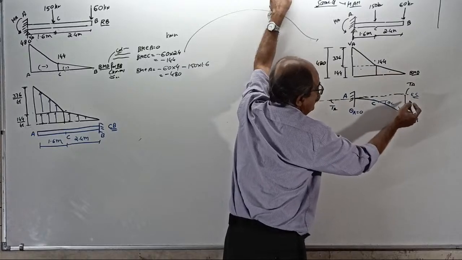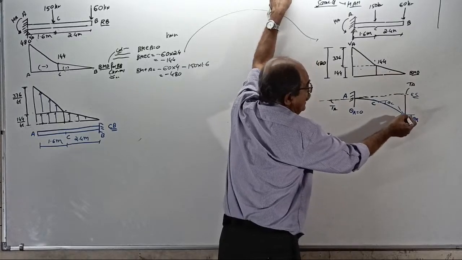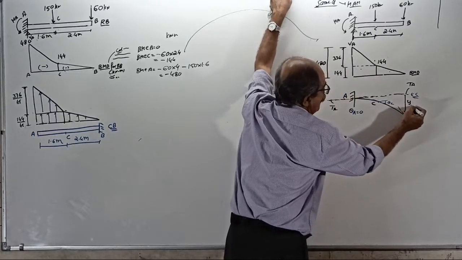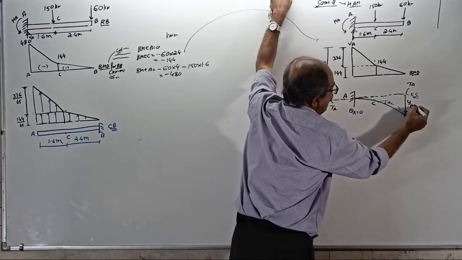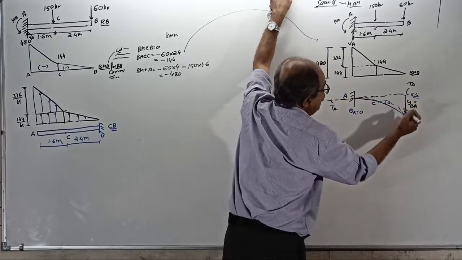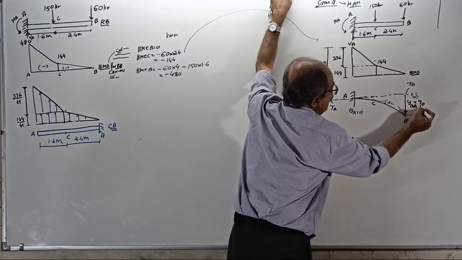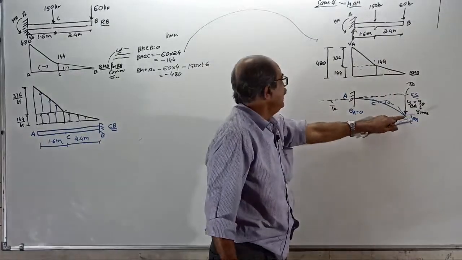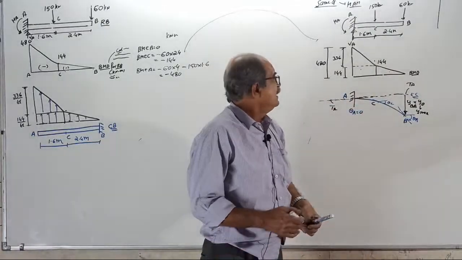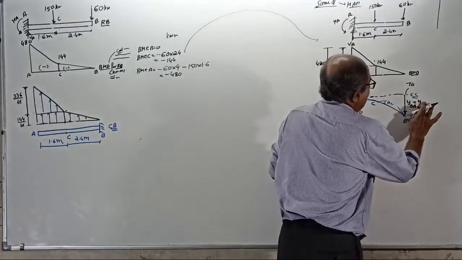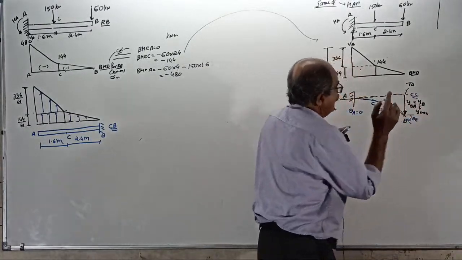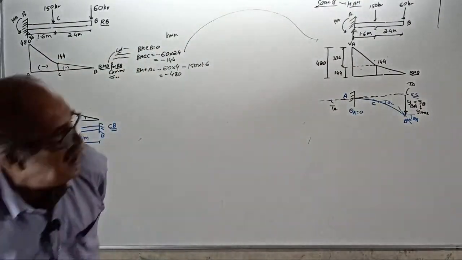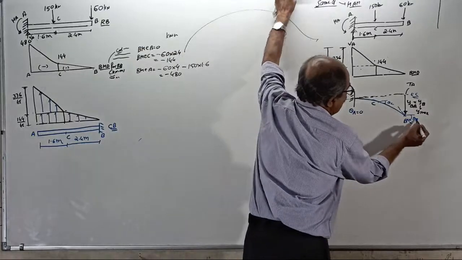You find this value: displacement of B with respect to tangent at A. That itself is your deflection at B, that itself is Y maximum. Tell yes or no. Yes. And theta B is your theta maximum.